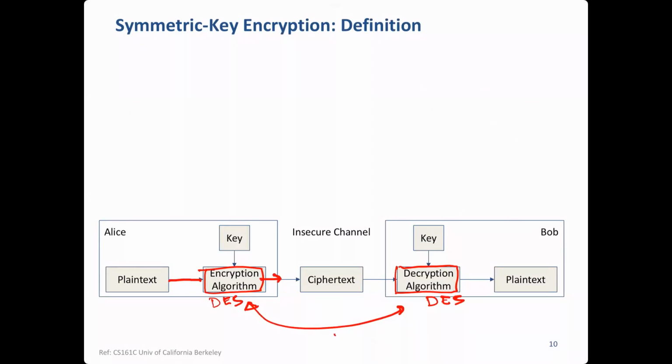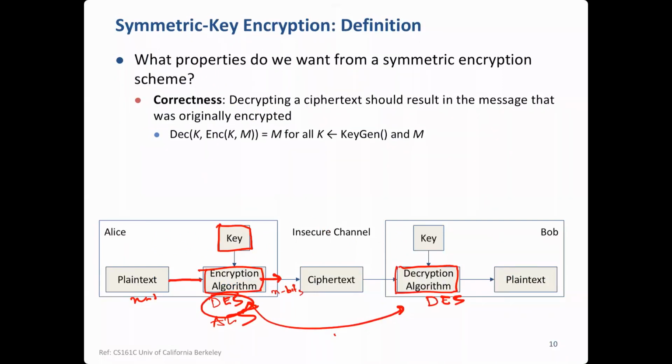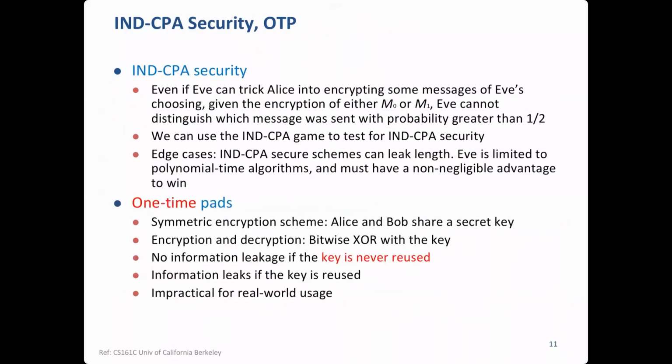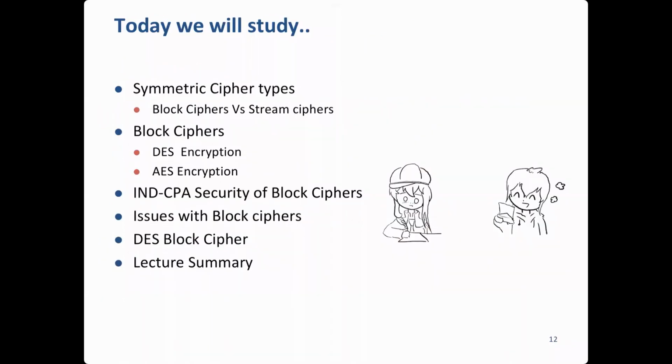If we are using n bits of plain text, there will be n bits of ciphertext. The key size depends on the algorithm, whether DES or AES or whatever. The larger the key size, the more secure the system, as we have seen earlier with the concept of key space. Then we looked at these required properties, then IND-CPA security, and then we studied the one-time pad.